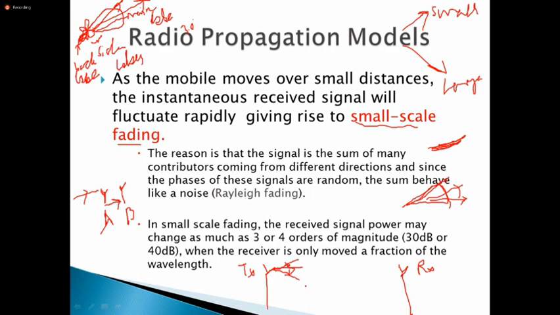එතකොට now let's say in one path there is a tree. Okay, another path it has a building like this. Now what happens is this signal propagating in this path, it can get reflected back from the tree or something, and it can be received at the receiver.